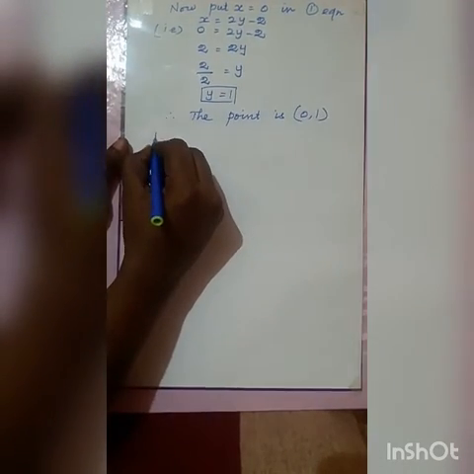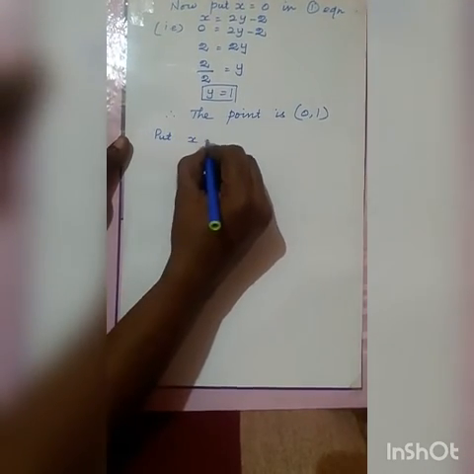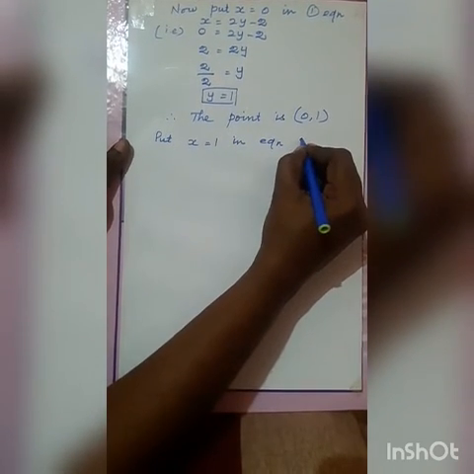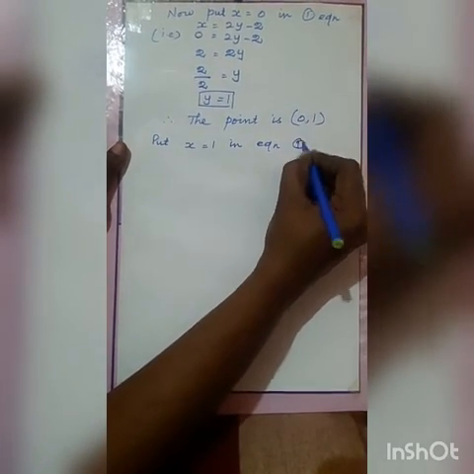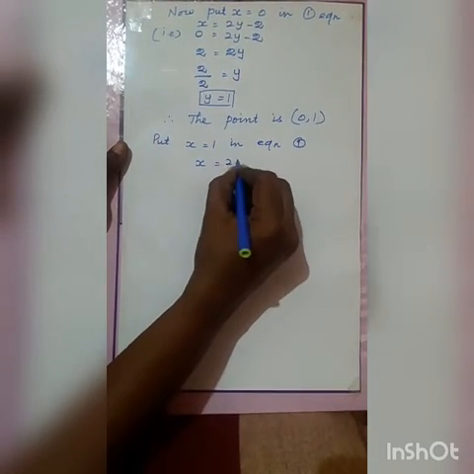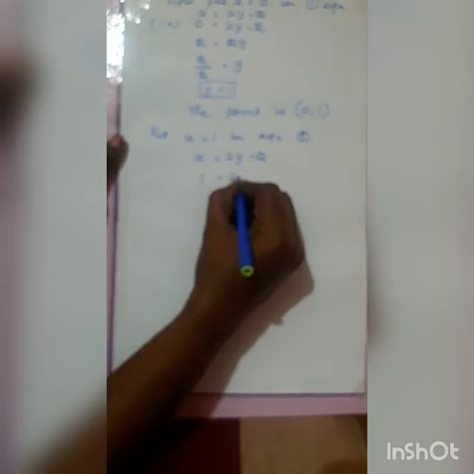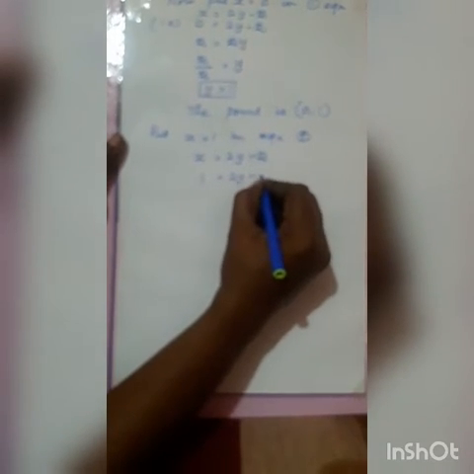And then put x equal to 1 in equation 1. Therefore, x is equal to 2y minus 2. Therefore, 1 is equal to 2y minus 2.